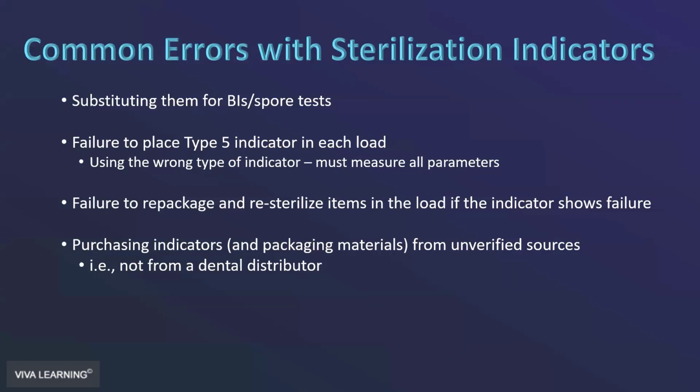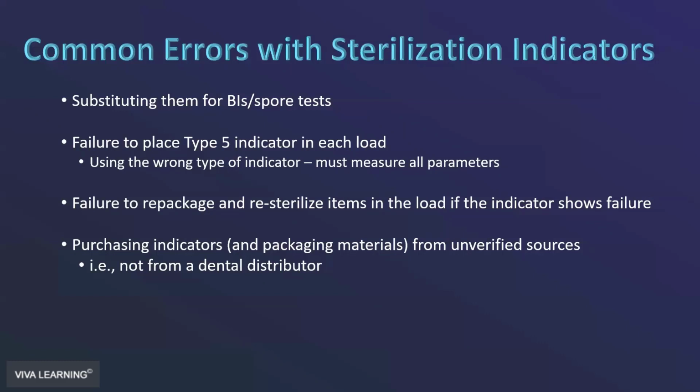Failure to repackage and re-sterilize items if the indicators show a failure. You should not simply take those pouches and run them through another cycle. Pouches are only meant for one cycle. So you repackage and you re-sterilize them in another load.